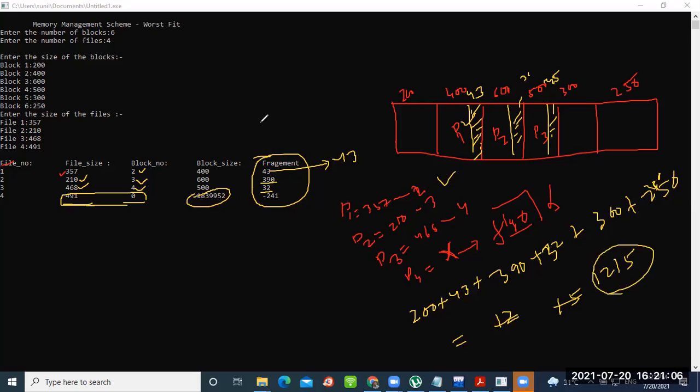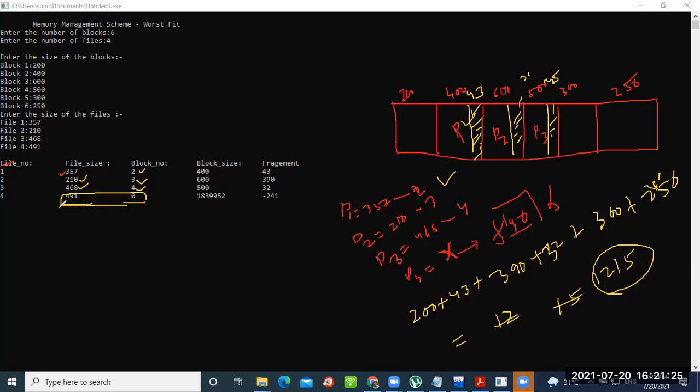Why are we getting this? It is clear that this block is not allocated.